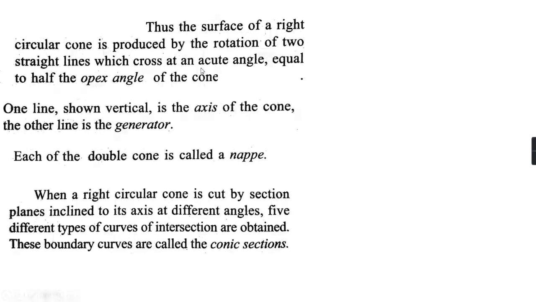When a right circular cone is cut by section planes inclined to its axis at different angles, 5 different types of curves of intersection are obtained. These boundary curves are called conic sections. So whenever a plane is cutting the double cone, we are getting 5 types of curves.